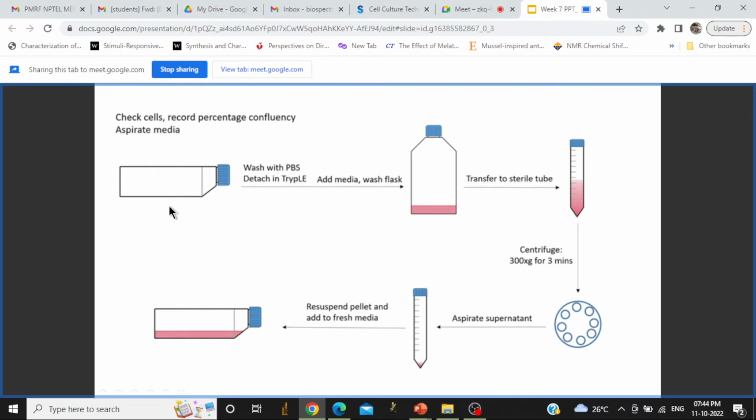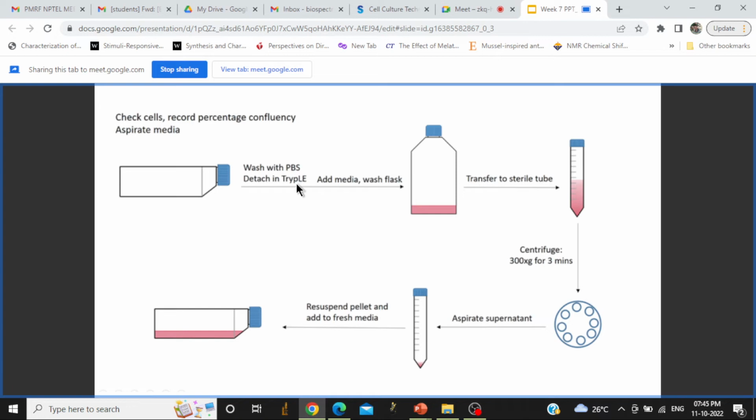So what is the process? First you remove the media from the flask, and the cells remain on the surface. Then you wash with PBS, so that the remnants of the media and FBS are removed. After that you use trypsin, usually trypsin EDTA.